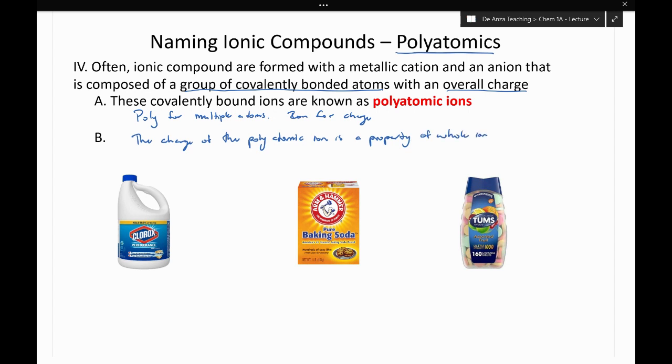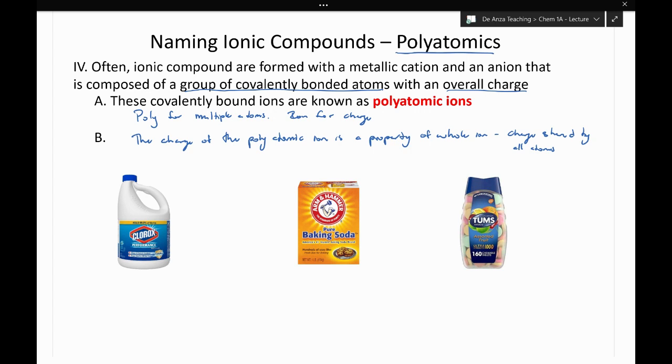Another way to say this is that the charge is shared by all the atoms.